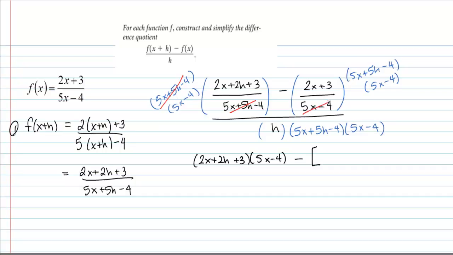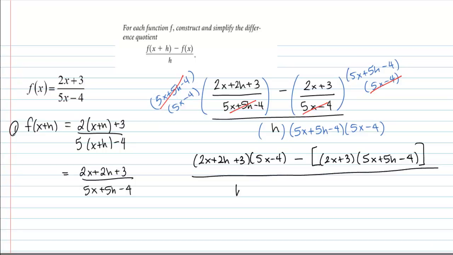The second denominator gets canceled out, leaving the quantity of 2x plus 3 times 5x plus 5h minus 4. All that being divided by h times 5x plus 5h minus 4 times 5x minus 4.